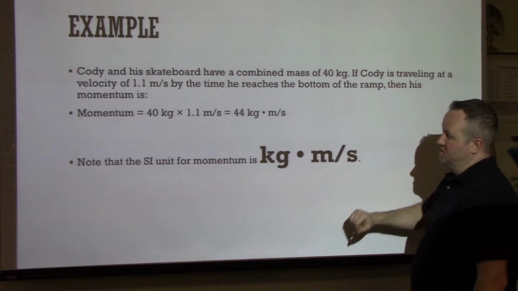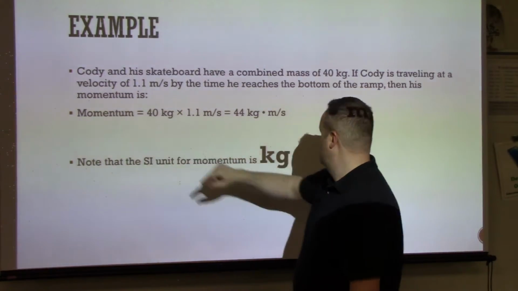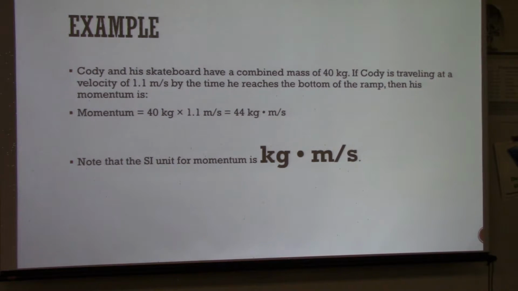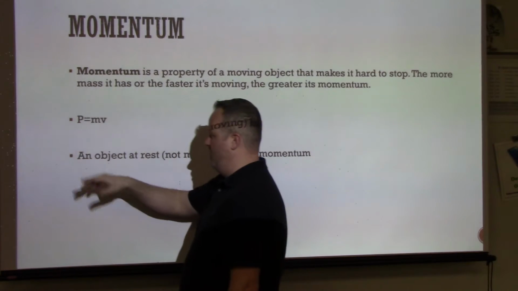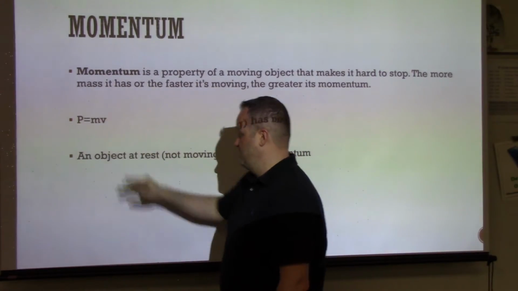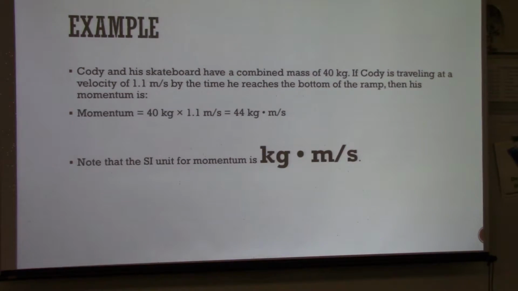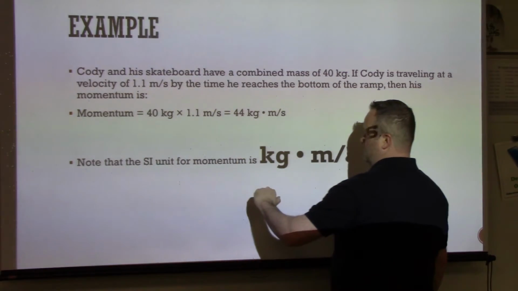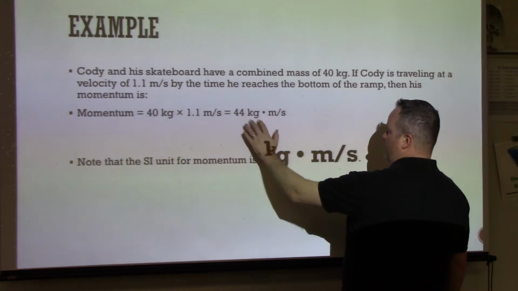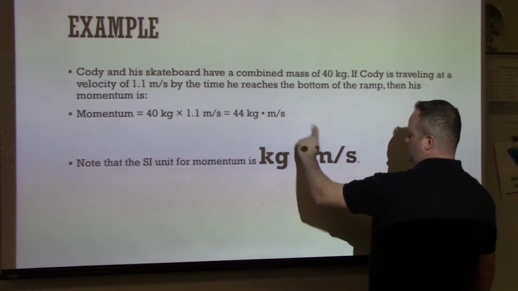To find his momentum, remember the formula is P equals mv. Momentum is mass times velocity. So I take 40 kilograms times 1.1 meters per second, and I get 44 kilograms times meters per second.